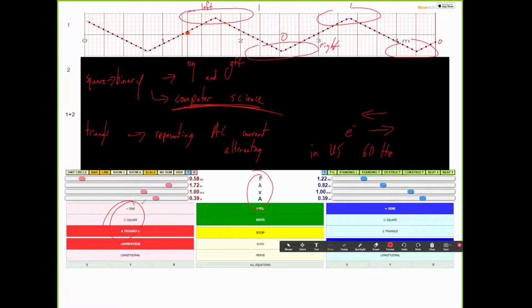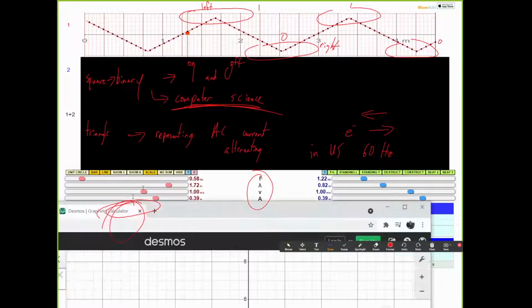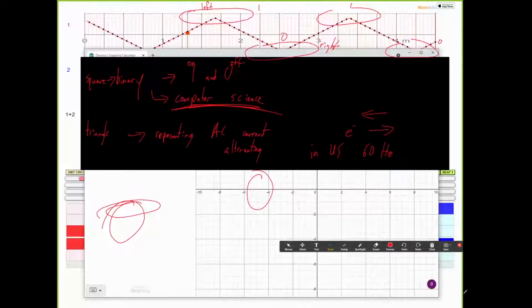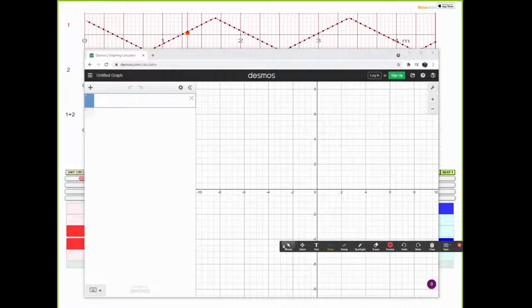But the one I did not talk about, the one that we're most accustomed to, is the sine wave, just as a heads up to your math class. For my sophomores and my juniors, literally when you graph the function sine of x that you learned about in your freshman and sophomore years of high school, the wave that you get out looks like the wave that we're using in this class.